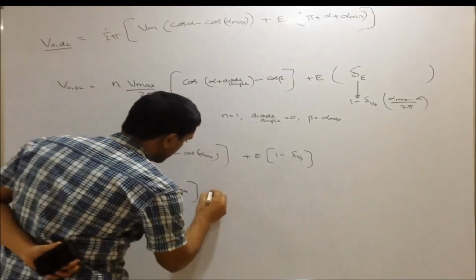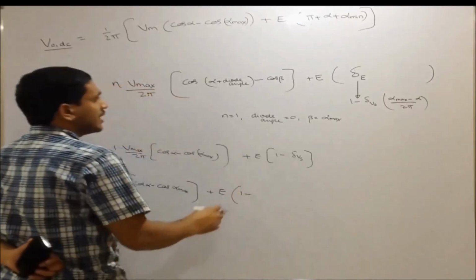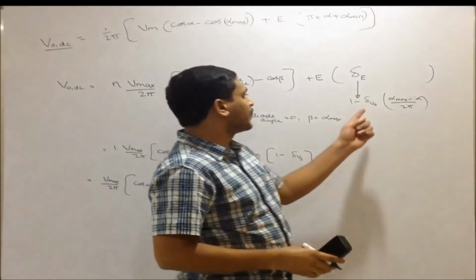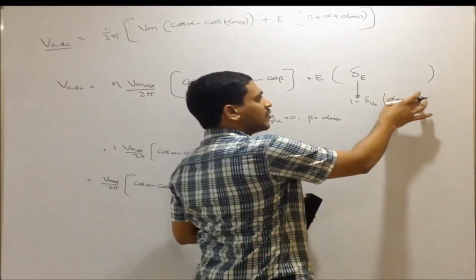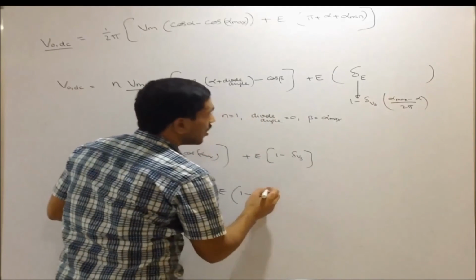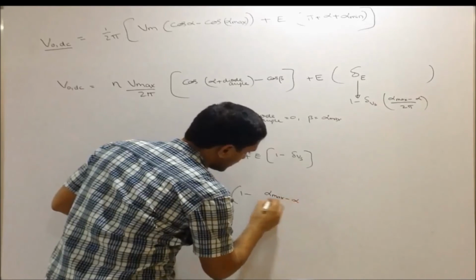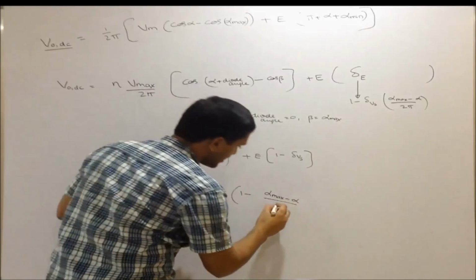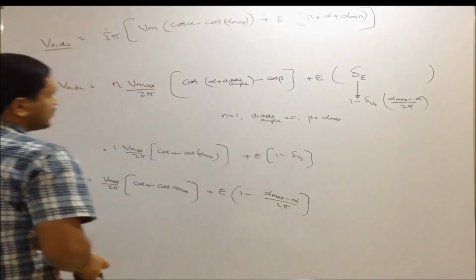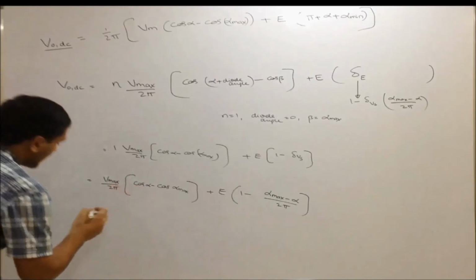Plus E into what is delta Vs? Delta Vs is nothing but the duration for which V appears across V naught, that is from alpha max to alpha. So alpha max minus alpha. Since this is a duty cycle, we have to take it as a ratio divided by 2 pi. What I get here?